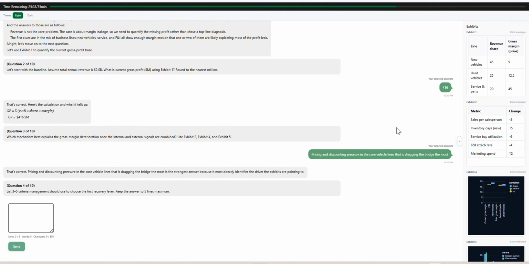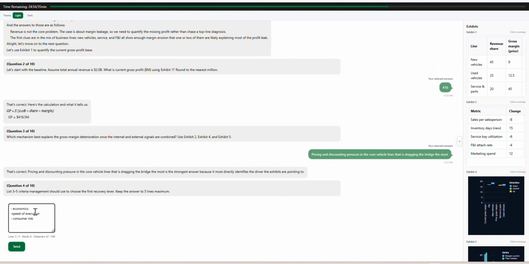So right here, I'm going to put economics, speed of execution, and consumer risk. Why those three? Economics forces us to anchor on the actual $47 million profit hole.